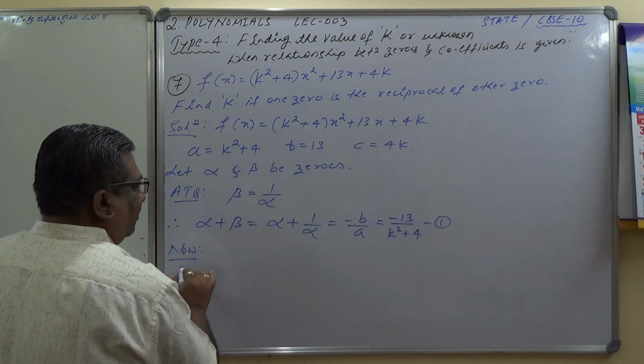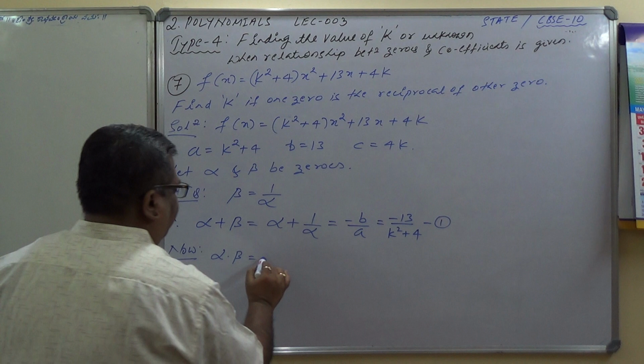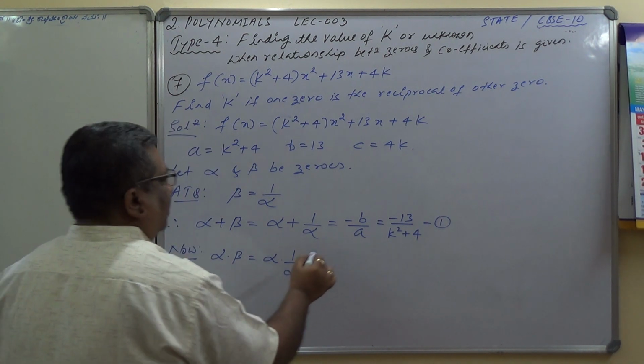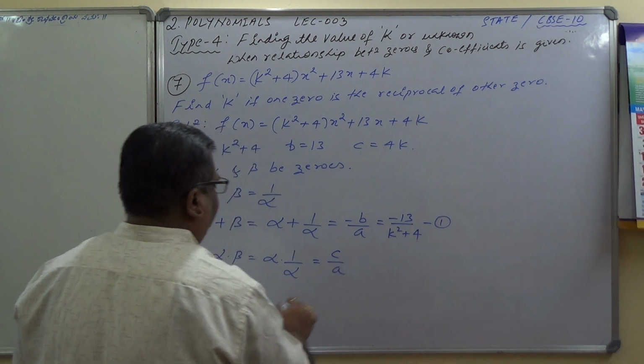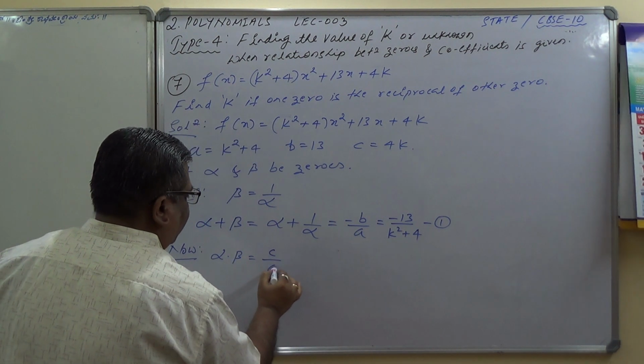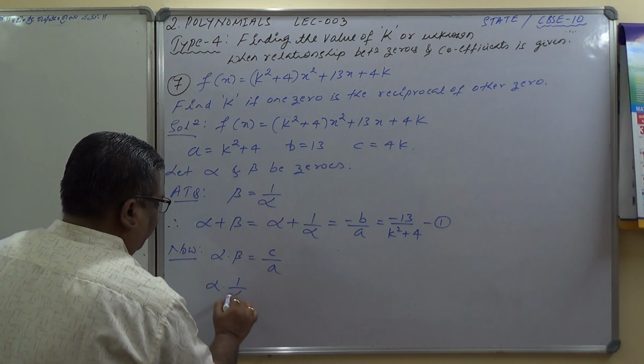Now the product of zeros, alpha into beta equals alpha into 1 by alpha equals c by a. Alpha into beta is equal to c by a. What is beta? Beta equals 1 by alpha.